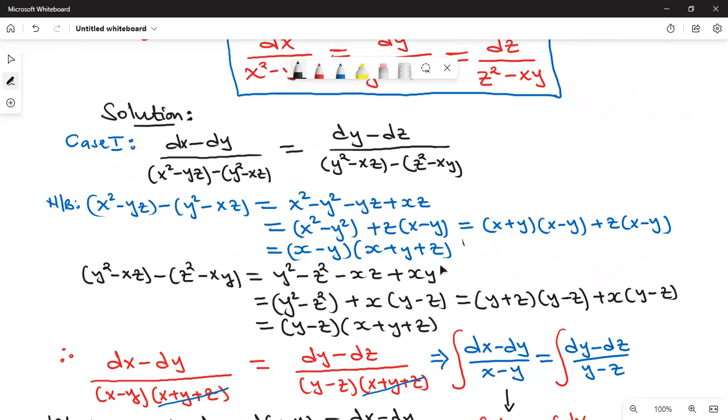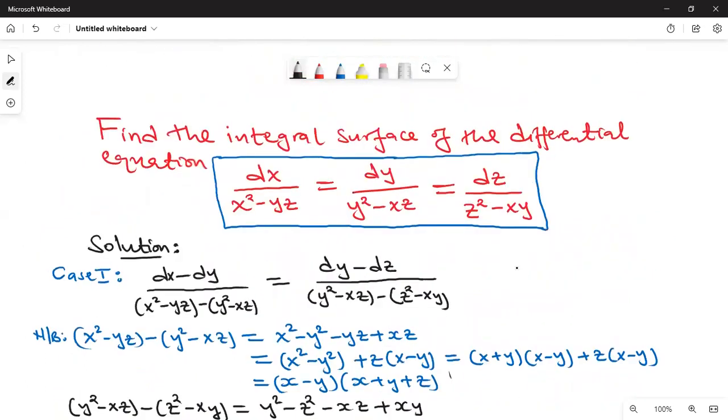Remember how that method works: you need to choose values of L, M, and N such that if I take L times P capital, remember the general form is dx over P equals dy over Q equals dz over R. So I need the values of L times P added to M times Q added to N times R. What values of those constants L, M, and N, when I multiply by P, Q, and R respectively and add them, give me 0 on the right hand side?